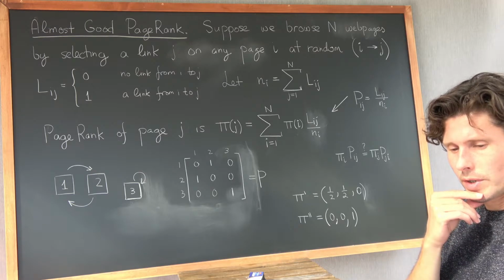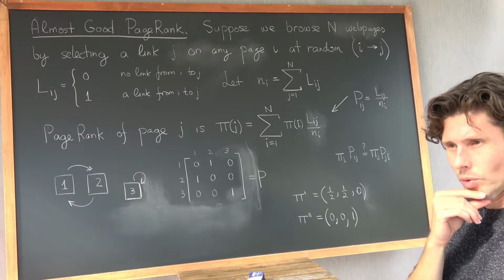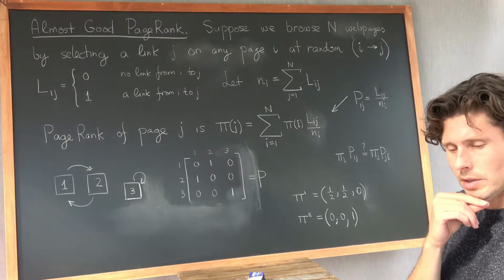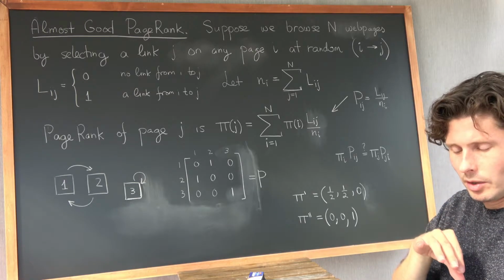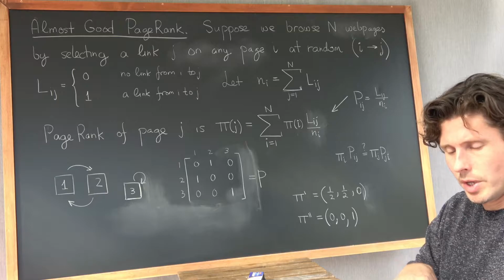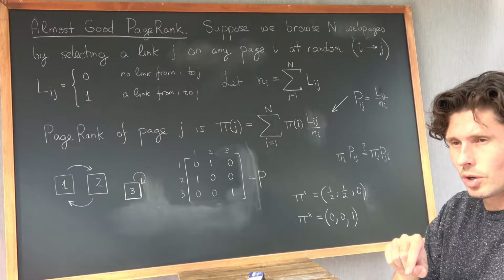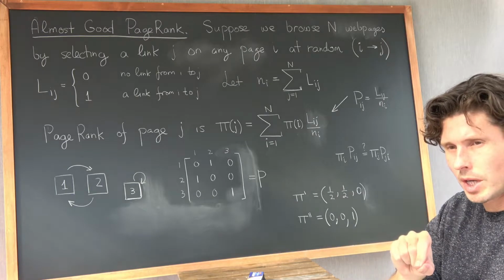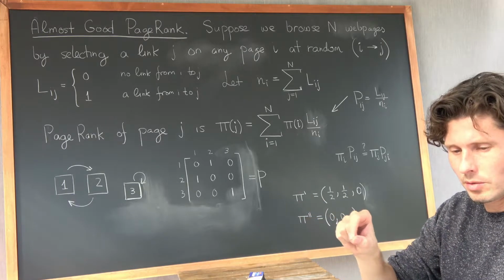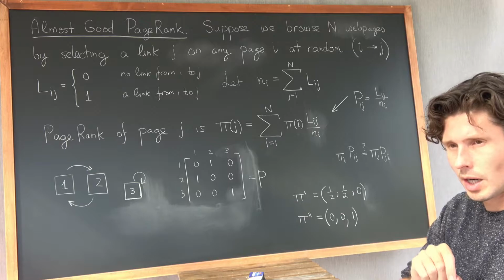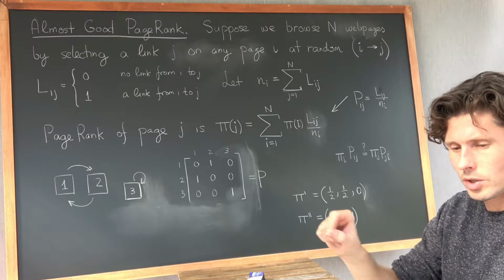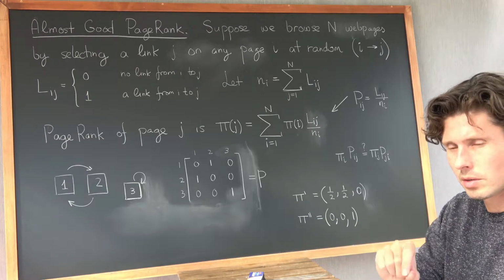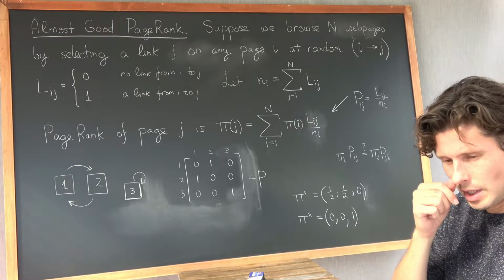One component of the Google engine, so to speak, is a web crawler that goes through all of the web pages on the internet and tries to determine who links to whom, which web page links to which other web page. So maybe the New York Times links to the Washington Post, and the Washington Post links to CNN or something, and so on.